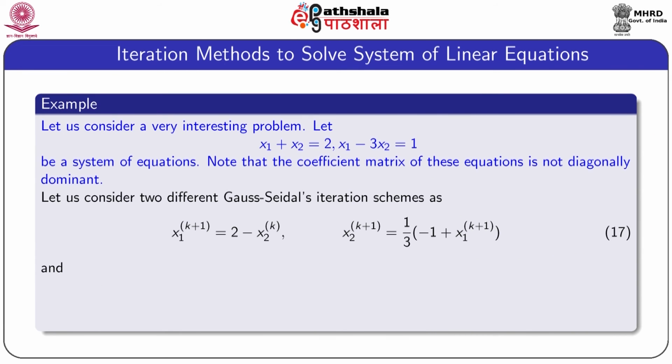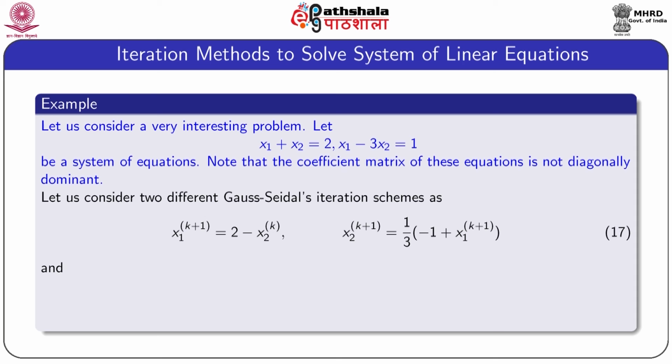Now, we consider a very interesting problem. Let x1 + x2 = 2 and x1 - 3x2 = 1 be the given system of equations. It can be verified that the given system does not satisfy the sufficient condition for convergence. That means the coefficient matrix is not diagonally dominant.